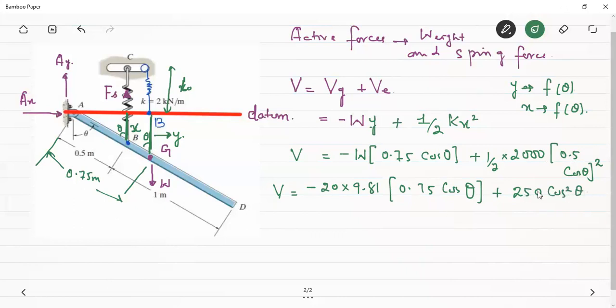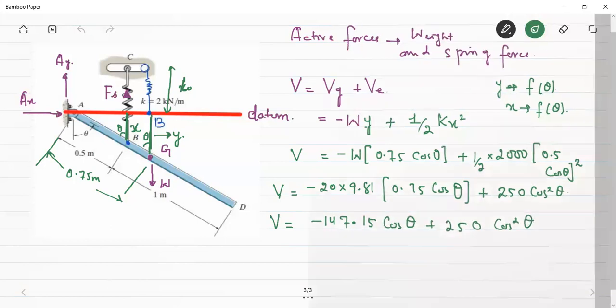Now let's solve it a little bit. This potential energy function will be equal to minus 147.15 cos theta plus 250 cos square theta. Okay, so let me write this potential energy function again.